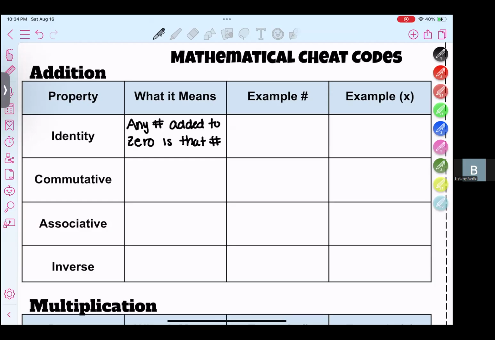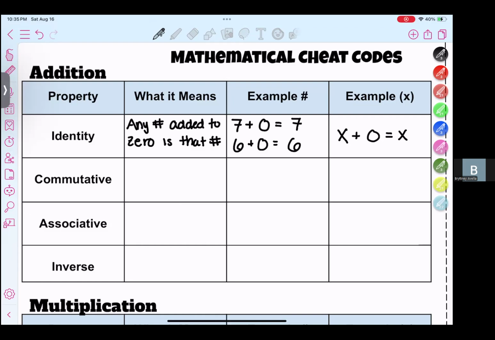So an example using a number would be like 7 plus 0. That's going to be 7. 6 plus 0, that's going to be 6. So our example with our x is basically what our rule looks like. So that's going to be x plus 0 equals x. And x can be any number.